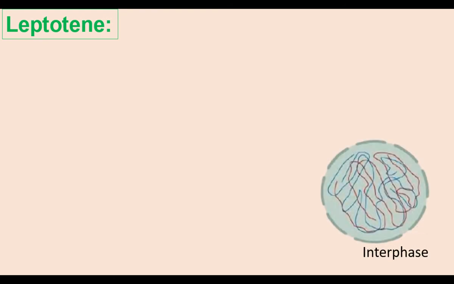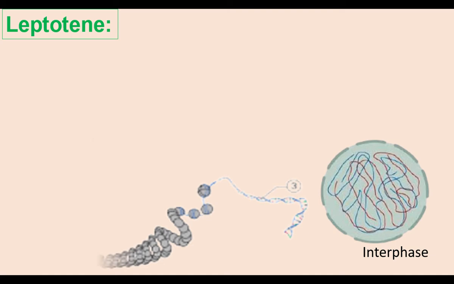This is a nucleus of interphase. In interphase, the nucleoplasm has chromatin threads. The chromatin threads form a chromatin network. When the cell begins to divide, the chromatin network becomes coiled. The chromatin coils and forms chromosomes.